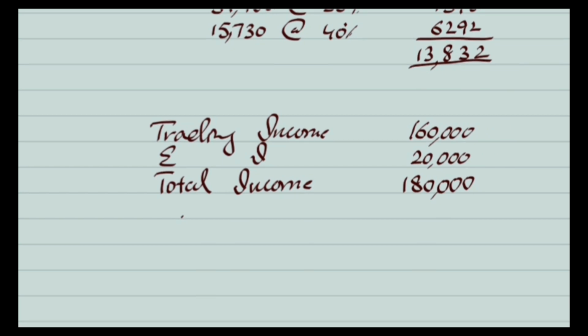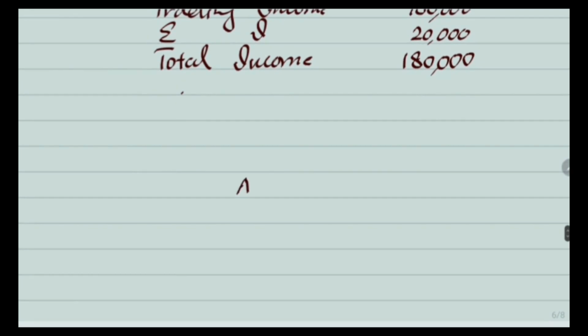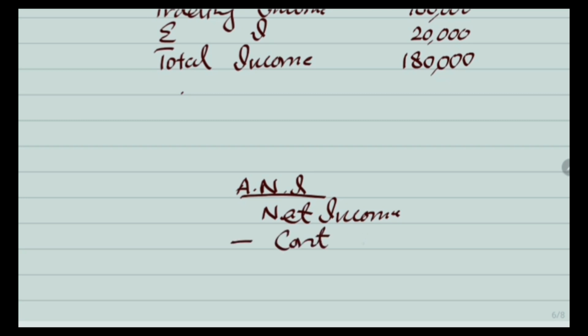And how to calculate adjusted net income? Adjusted net income is calculated as net income minus contribution to personal pension fund and donation to gift aid scheme. In this question, there is no contribution to personal pension fund and no donation to gift aid scheme.